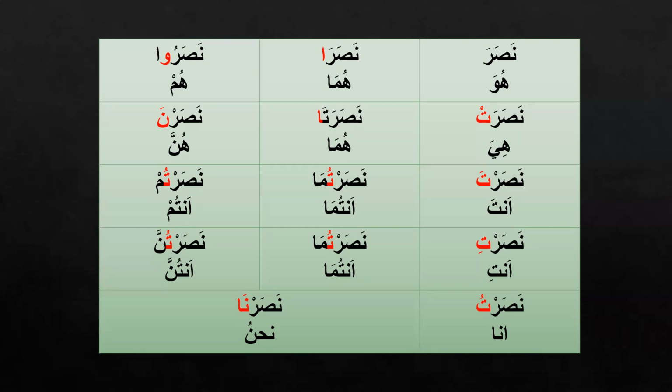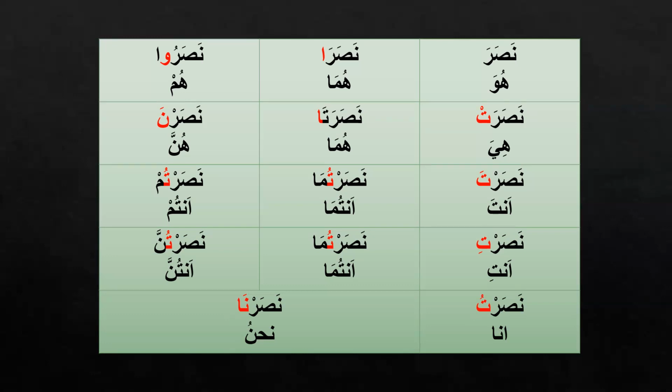Okay, let's move on to hum. You can see hum nasaru. They all helped. What is the additional letter here? This waw is the additional letter, and it is used for the plurals, as in Muslimuna. The waw was very important in the third person plural form.